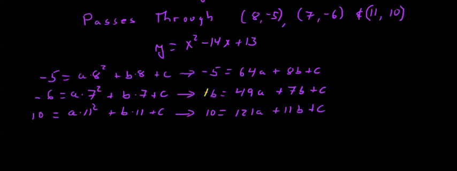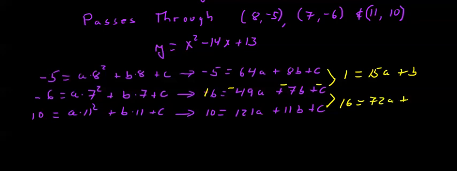Multiply by negative 1 makes this positive, negative, and negative, and negative. And then we add these together. Positive 6 and negative 5 is 1, equals positive 15a plus b, and 16 equals 72a plus 4b.